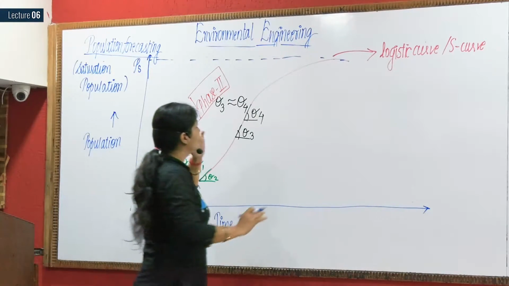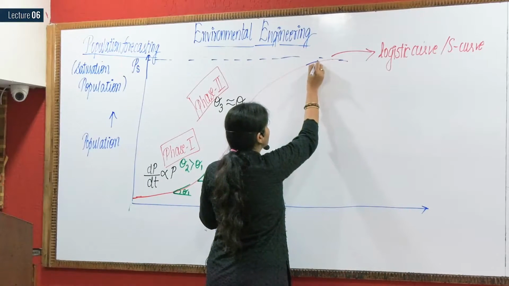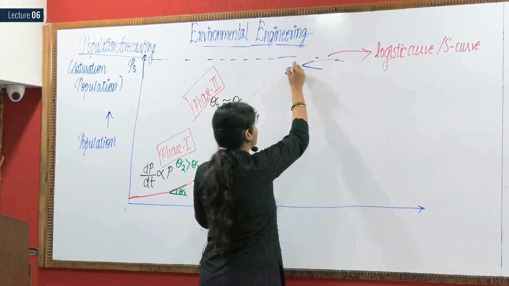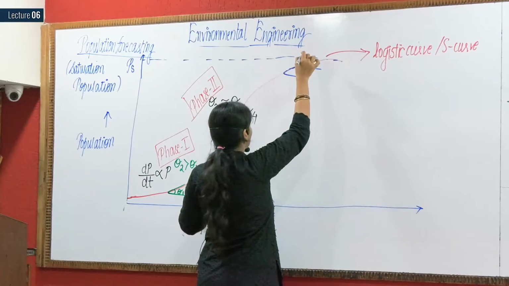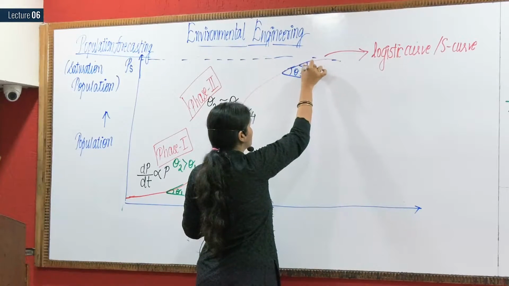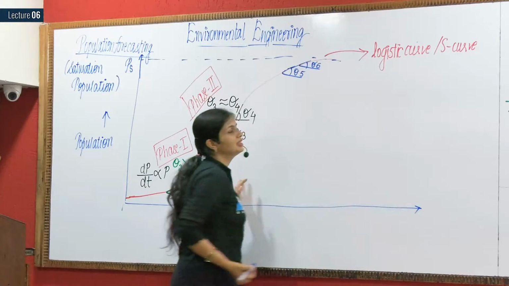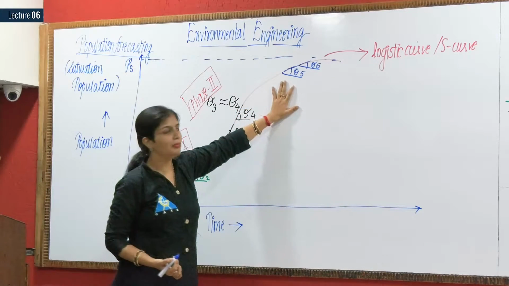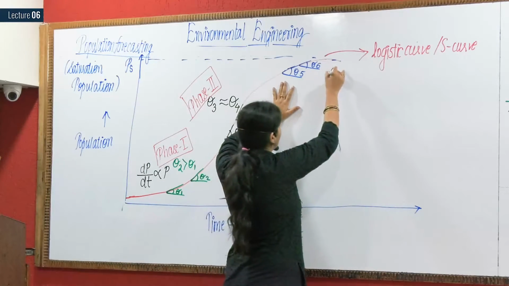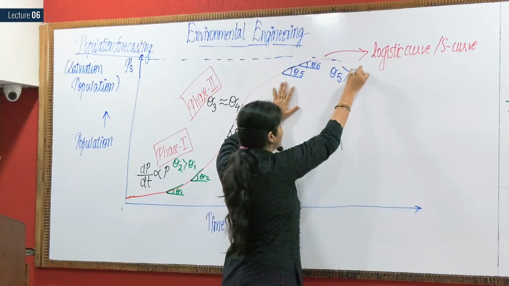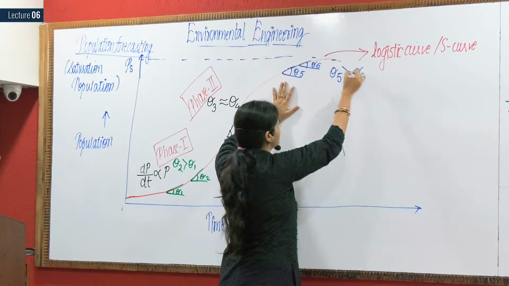So now we'll take the slopes. Let us say this is theta 5. This is theta 6. What happens is, if you see here, your theta 5 will be greater as compared to theta 6.